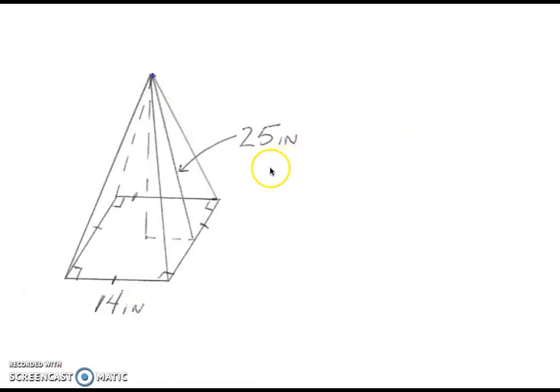Another example here of a pyramid, if we try to find the volume. So volume would equal the area of the base, capital B, times the height. If I look here, the area of my base is just a square. So to find my capital B, I'm just going to take 14 times 14, for my capital B times my height.